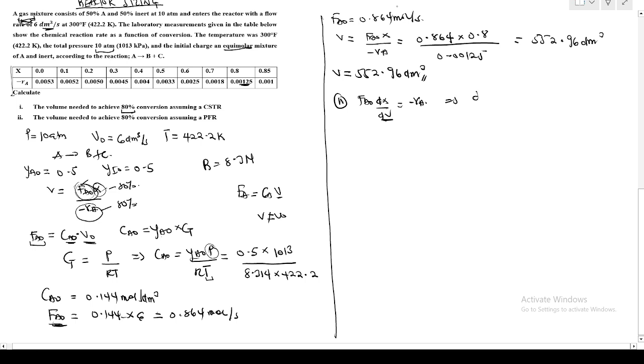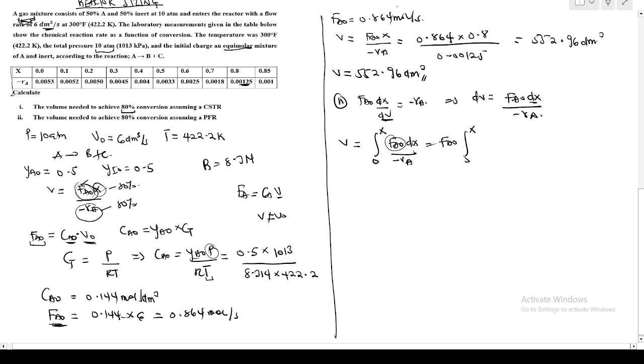So dV becomes FA naught dX all over minus RA. And then we can find our V to be the integral from 0 to X of FA naught dX all over minus RA. Our FA naught is a constant, so you can bring it out.